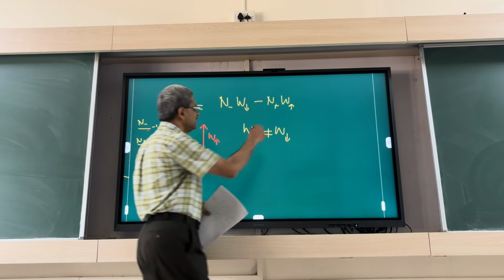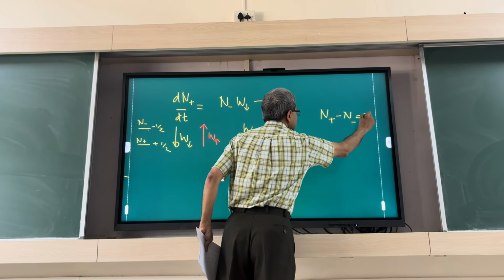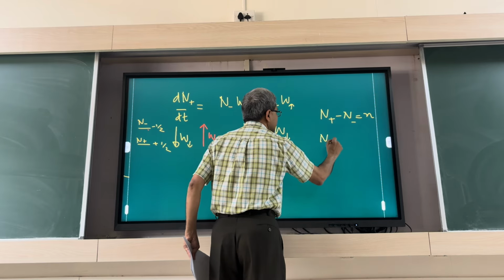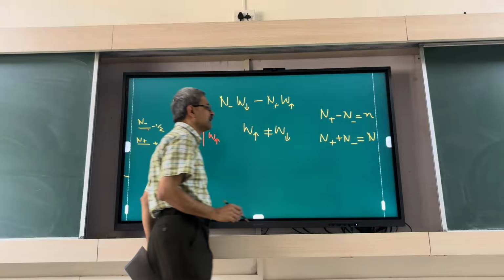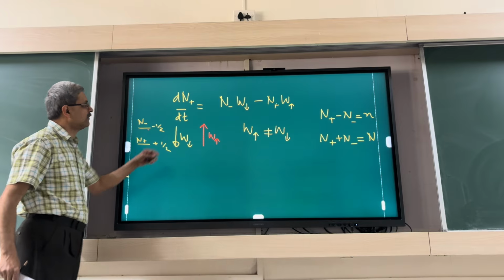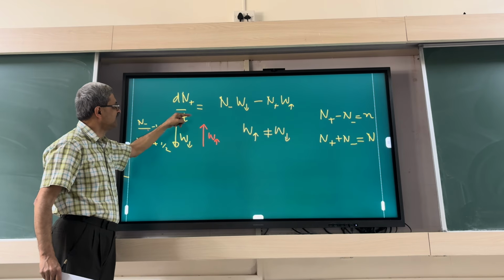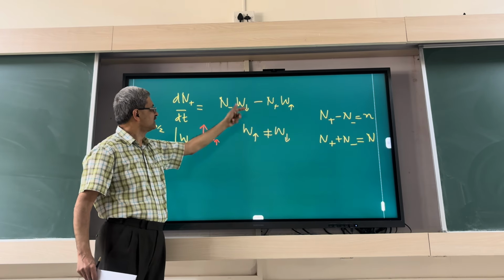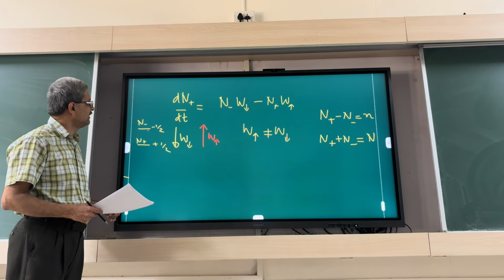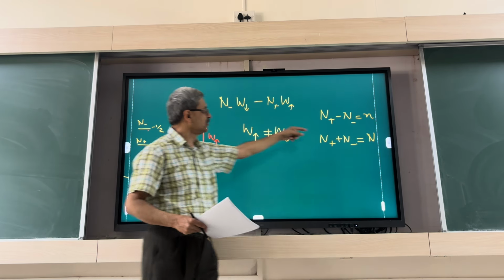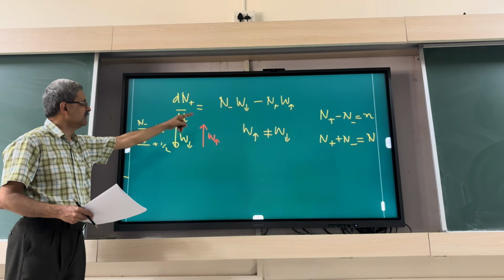Once again, you define n plus minus n minus as the population difference, and n plus plus n minus as the total population, capital N, and you can again rewrite dn minus by dt in a similar manner, flipping signs and changing the W's also. If you then subtract, on one side you will get d small n by dt.